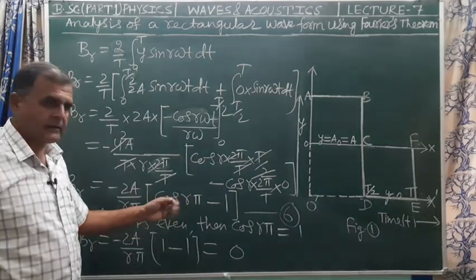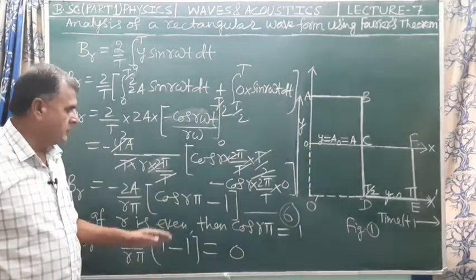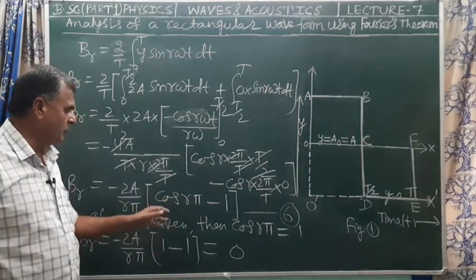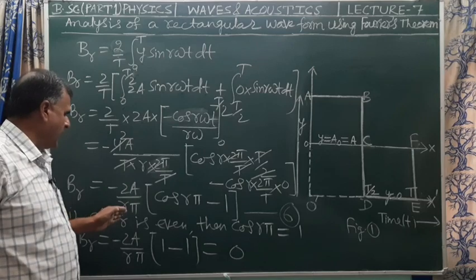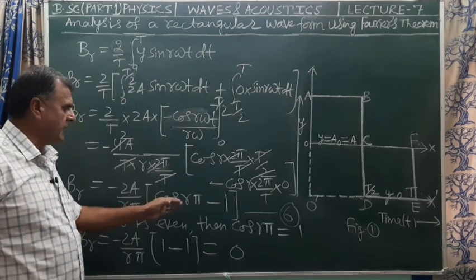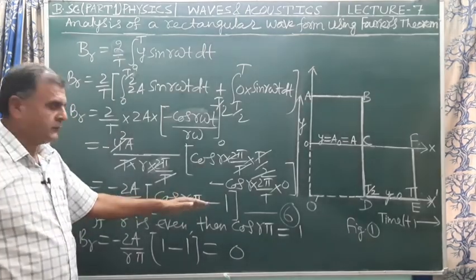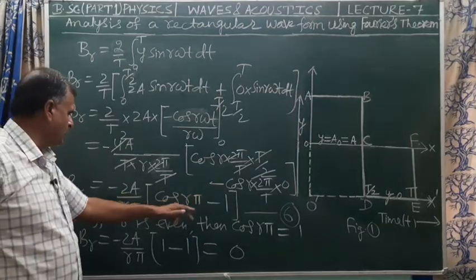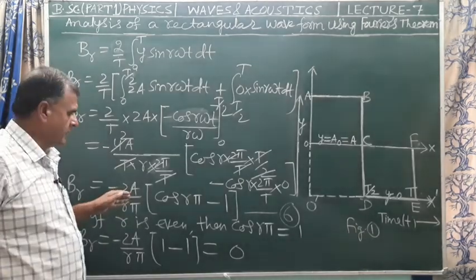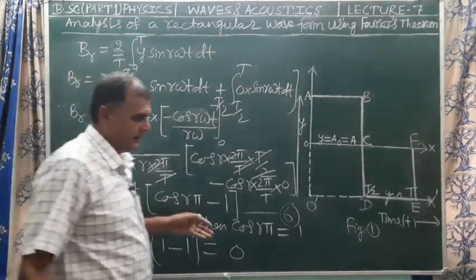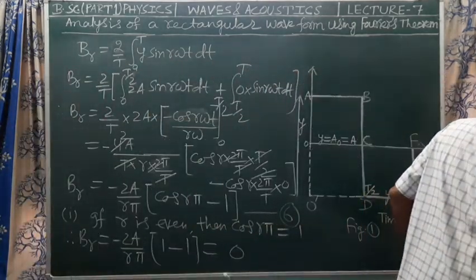So on taking the value of r odd, the value of cos r pi will be -1, and in that situation, in equation 6, Br equals -2a upon r pi under bracket -1 minus 1, that is -2 into -2a, that is 4a upon r pi. In that case Br will survive.